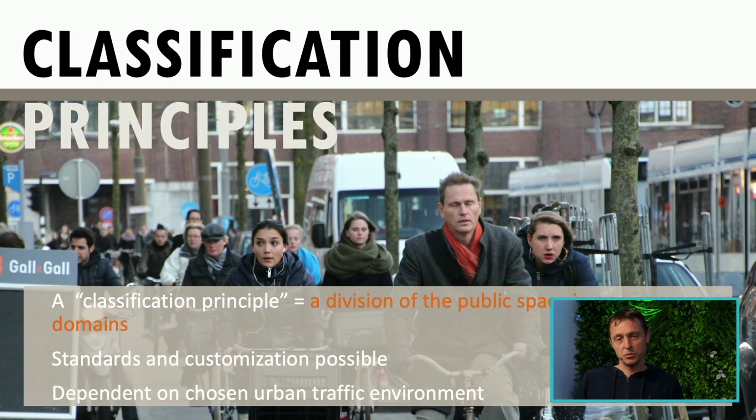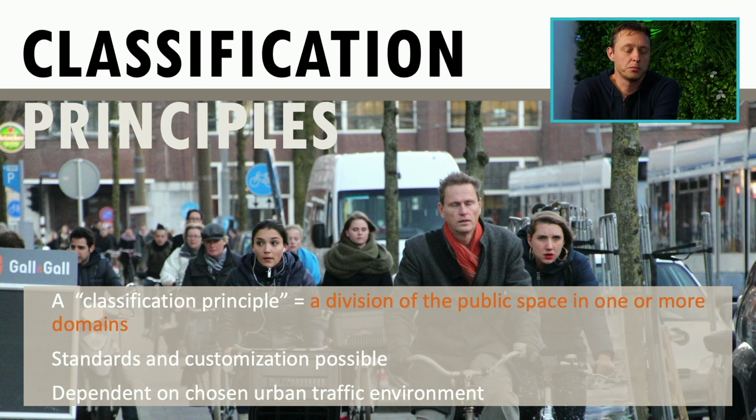That's a classification principle, and that's an existing one, or maybe we can make some custom principles as well. It's a division of a street, of a section, into 1, 2, 3, or maybe 4 domains put together, and we show some examples later.